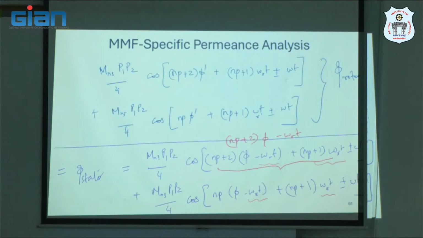If you simplify, (NP plus 2) into phi, (NP plus 2) into minus omega t, and then here I have (NP plus 1) into omega t. So NP omega t will cancel each other, minus 2 omega t plus 1 omega t will become minus omega t. Likewise, I can simplify the lower term, and this will be NP phi minus or plus omega t.